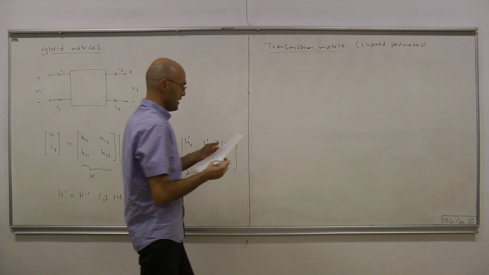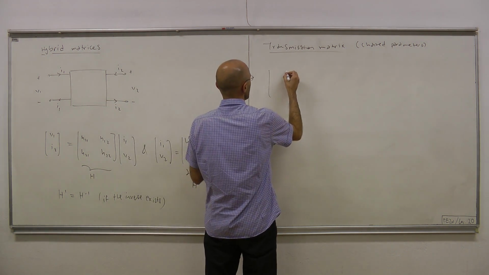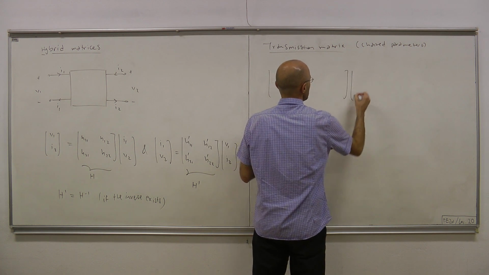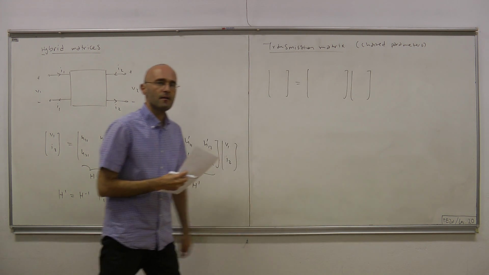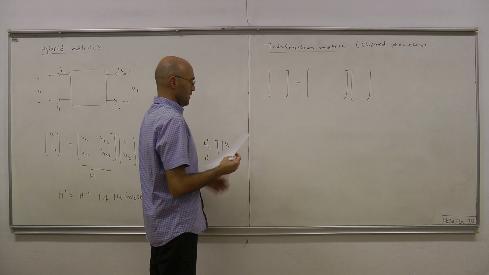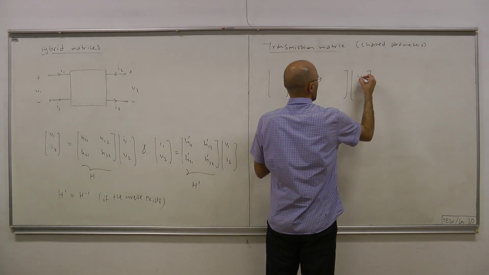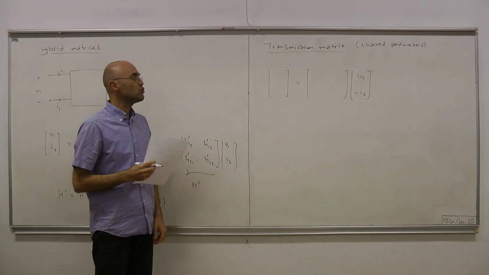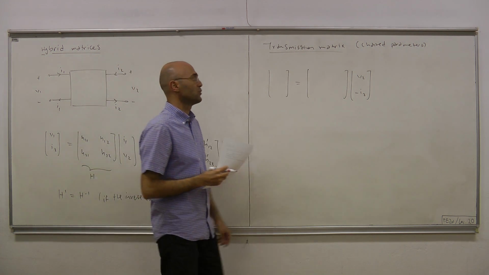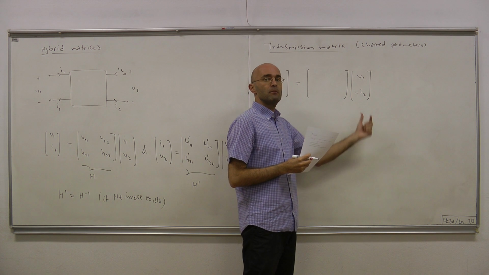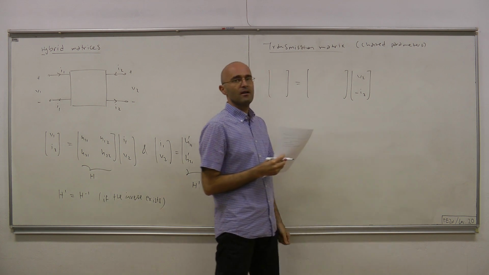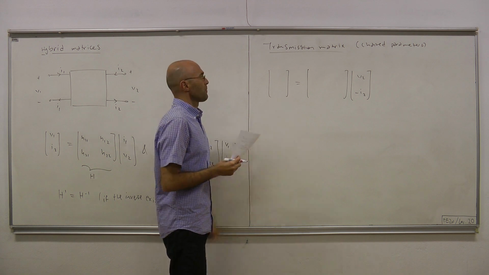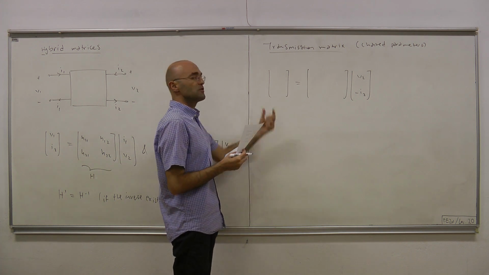And in that case, the input and output are as follows. The inputs are given as V2 and minus I2, okay? And together they make our input; the input times the representation matrix gives us the output, okay?